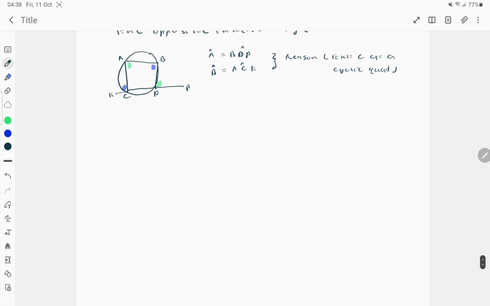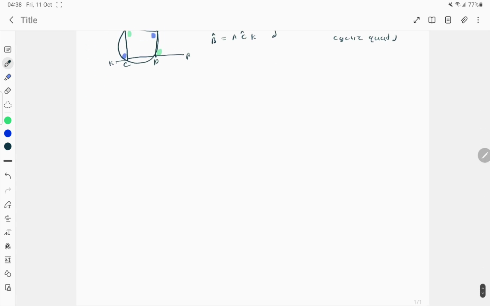Okay, and then a question can come saying to prove that a shape is a cyclic quad. So how would you prove it? To prove that a shape is a cyclic quad, you can find the opposite angles using other mathematical methods.